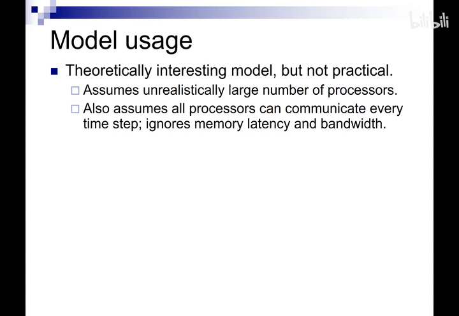You can compute much faster than you can access data. So the main cost is actually in the communication, whether it's the latency cost or the bandwidth. Therefore, the fact that the PRAM model ignores this communication makes it quite unrealistic.